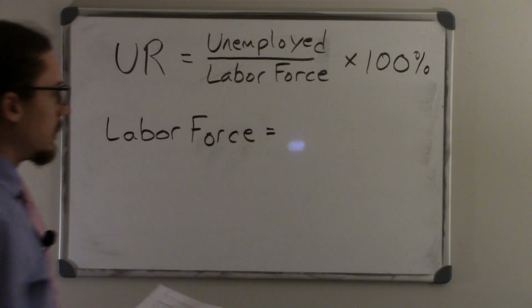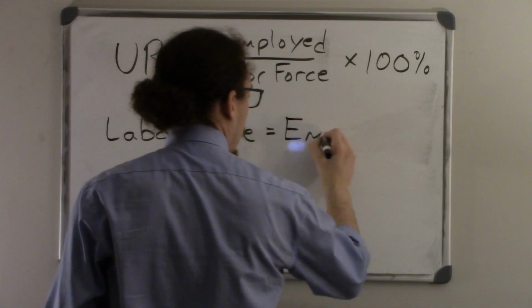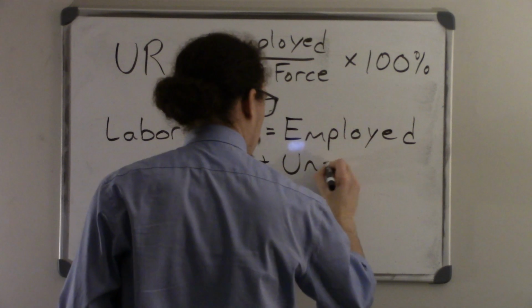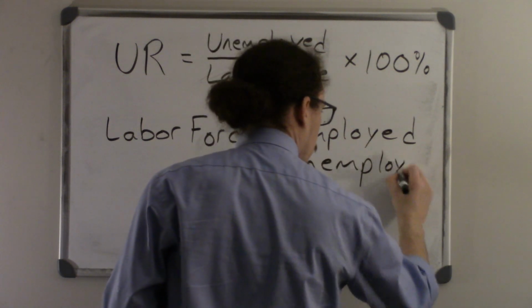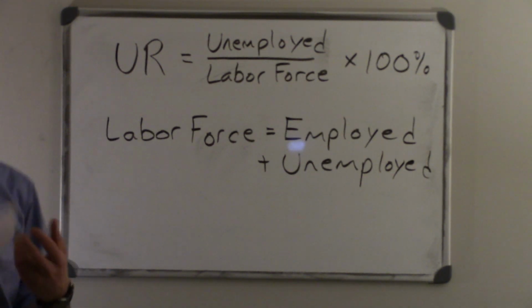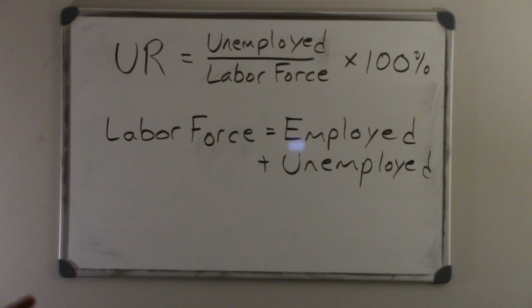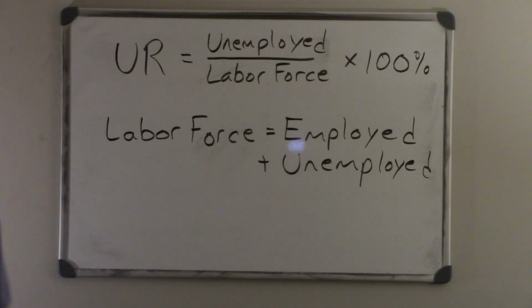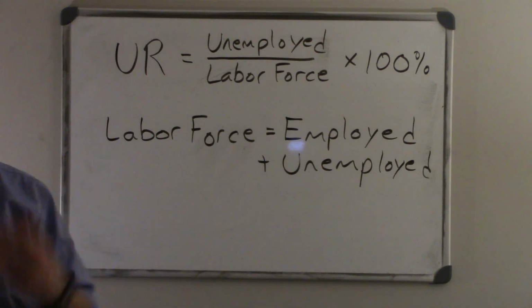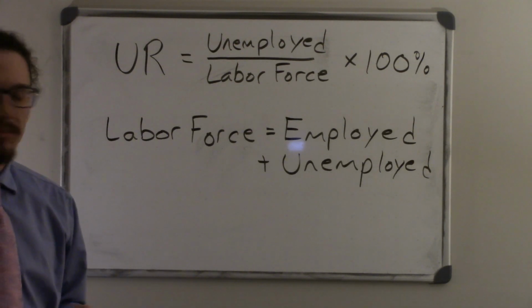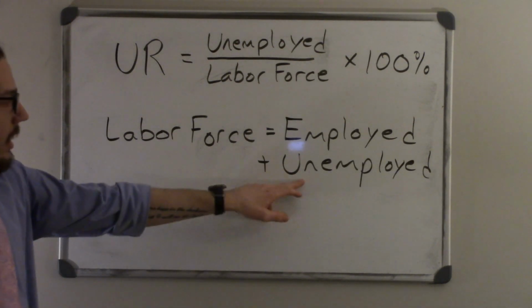So our labor force is equal to all of the employed workers plus all of the unemployed workers. The labor force is just everyone who is actively participating in the job market, or the labor market. If you're employed, obviously you're participating in the labor market because you have a job and you're exchanging your time and energy for wages or a salary.